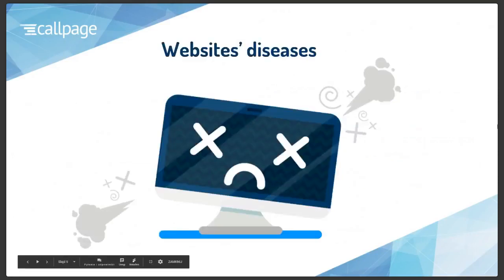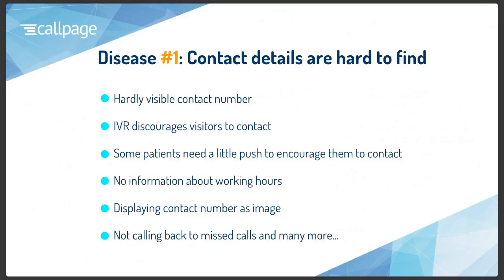So we decided to find some diseases that you maybe have on your website, and we would like to tell you how to cure them, of course, with our app CallPage. Here's disease number one: contact details are hard to find. I came across a couple of websites that were actually good clinics, but with terrible contact details exposure.